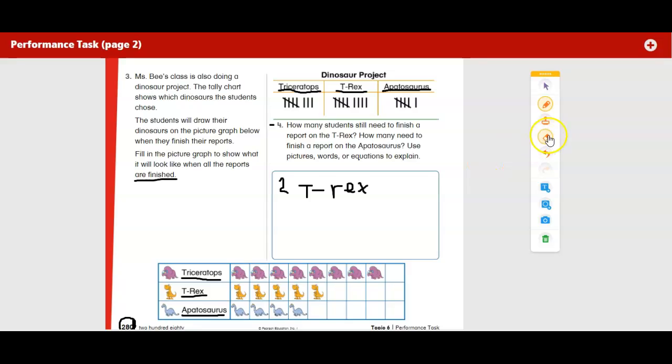And the same for the Apatosaurus. We just want to know how many had to finish their report for the T-Rex and the Apatosaurus. And again, you will need to pause the video as you are working through this activity.